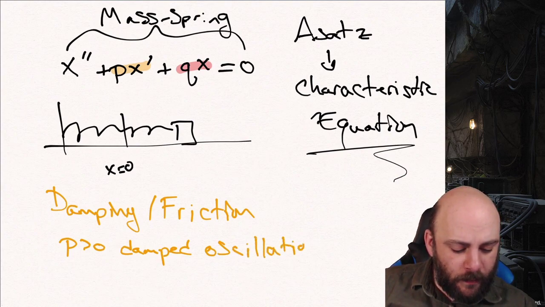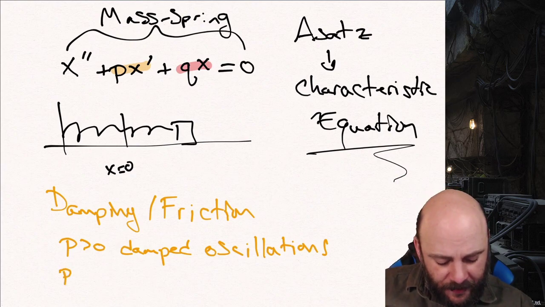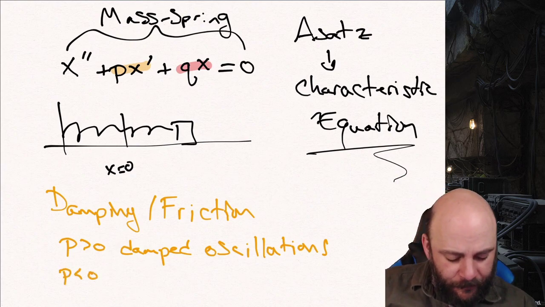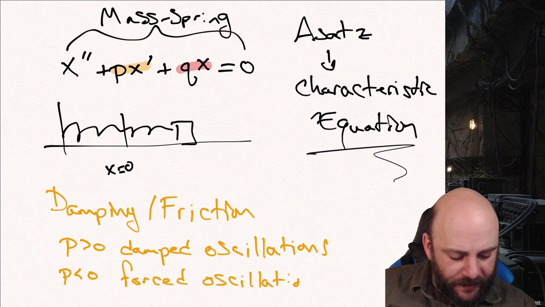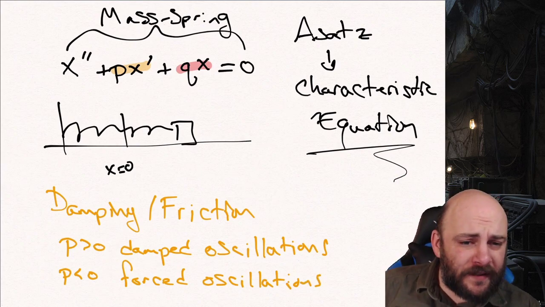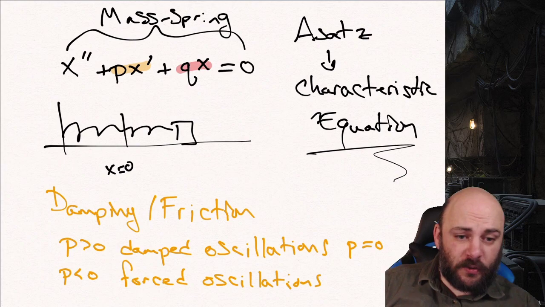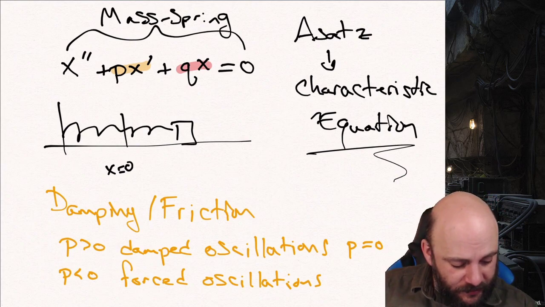Don't worry, we'll make some doodles here, and you can always reference your notes for the older stuff that we did. P less than 0 is going to be forced oscillation. So something about the material that it's traveling along actually speeds it along. That doesn't make a whole lot of sense with this, but that's the idea behind it. And then p equals 0, we have undamped oscillations, and I'm just going to call them pure oscillations.